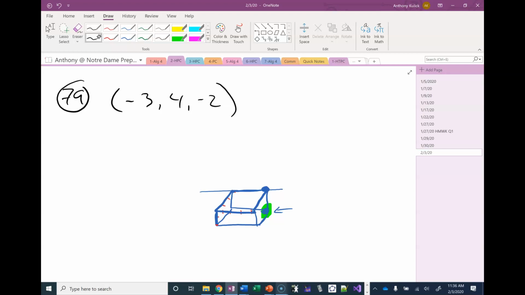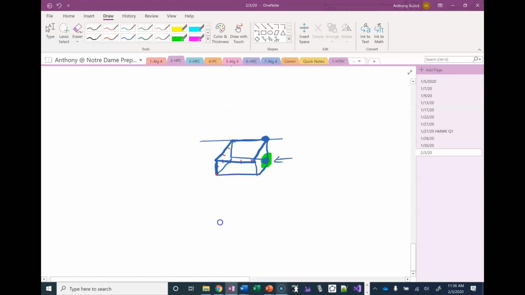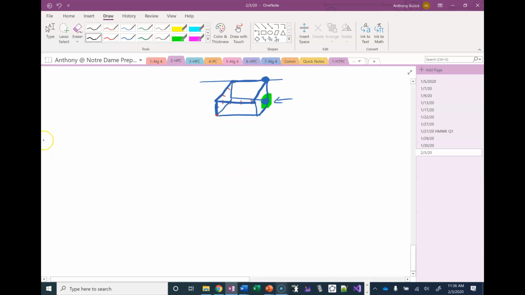All right. We ready to go, Brockton? 57. Okay.